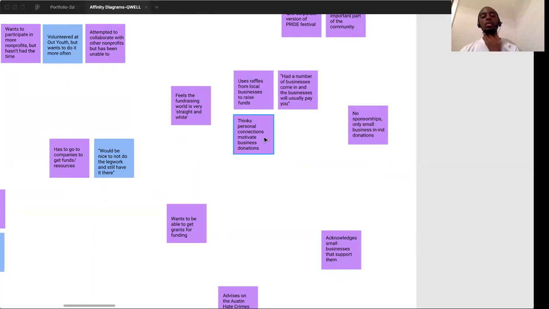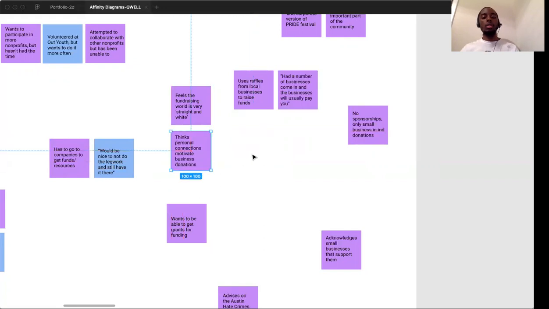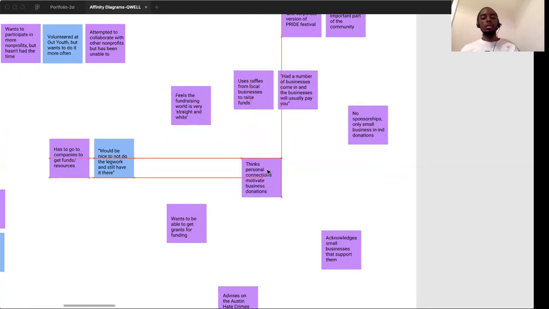Personal connections motivate business donations. Hmm. That could be related to connections. They need connections, they need networking opportunities. It could be related to this one in regards to needing a more diverse thing. If the only ways to get funding is from the people that they know, then that means they need to increase the people that they know. I don't know where to put this one for now.